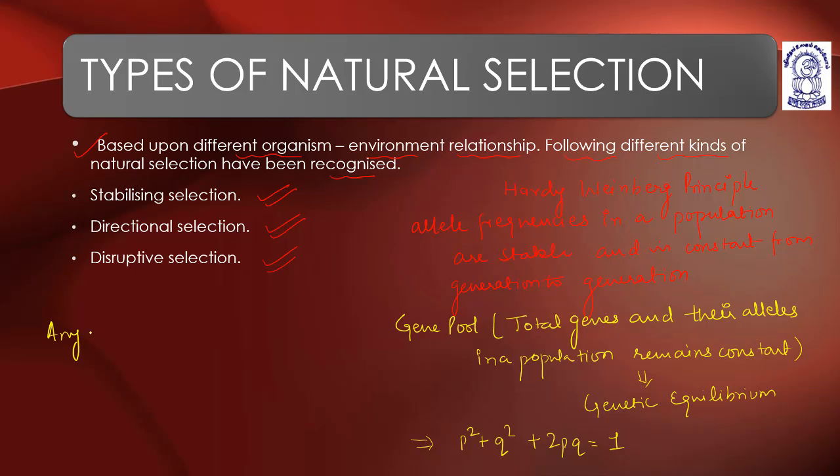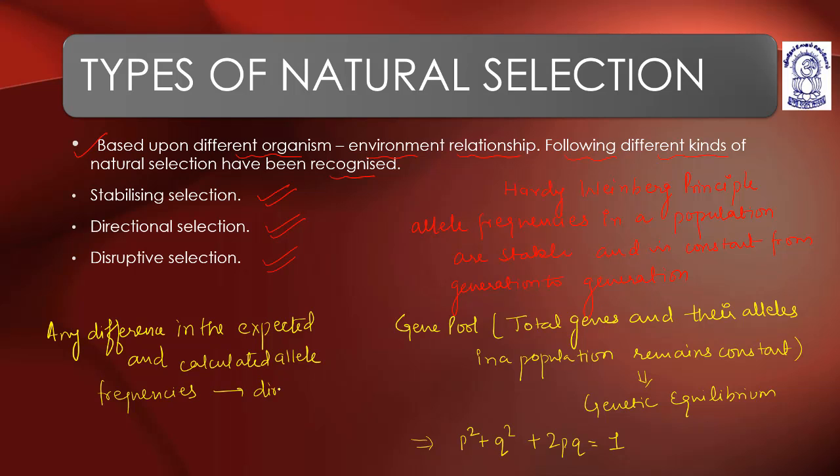Any difference between the expected and calculated allele frequencies gives a direction about the evolutionary change. Understood?